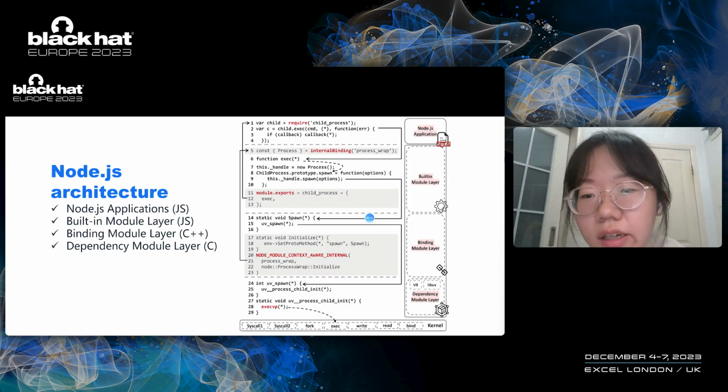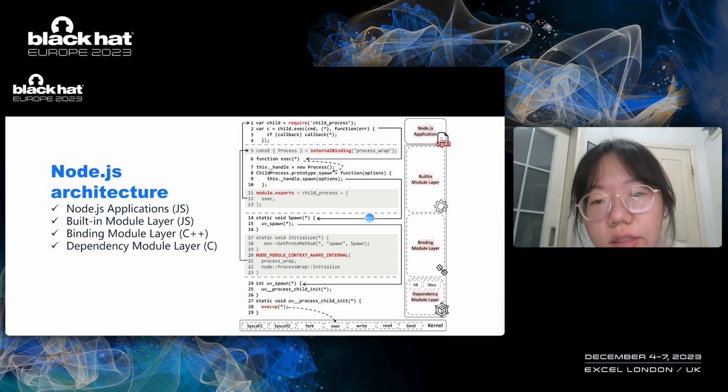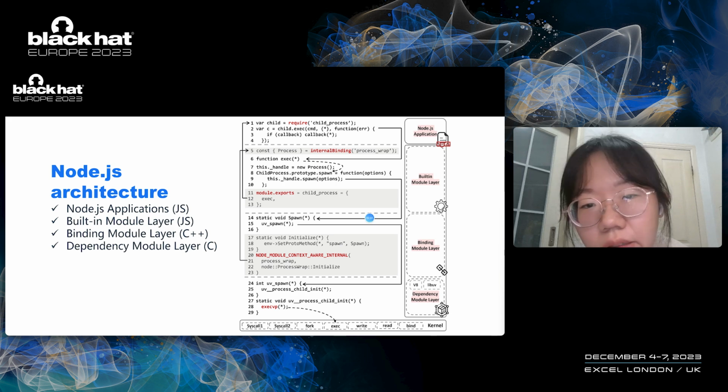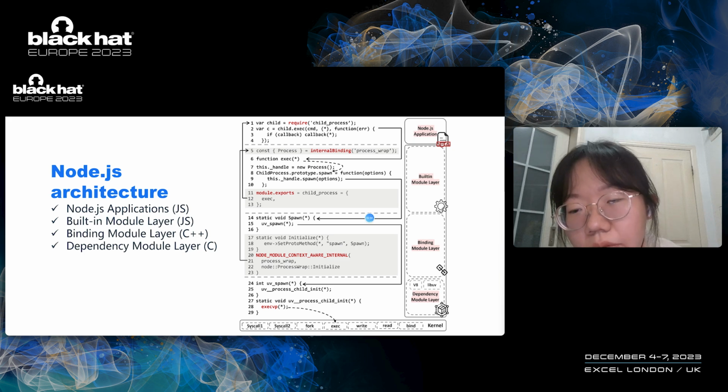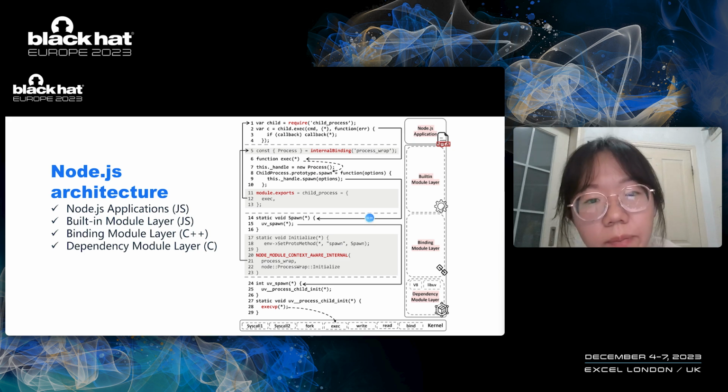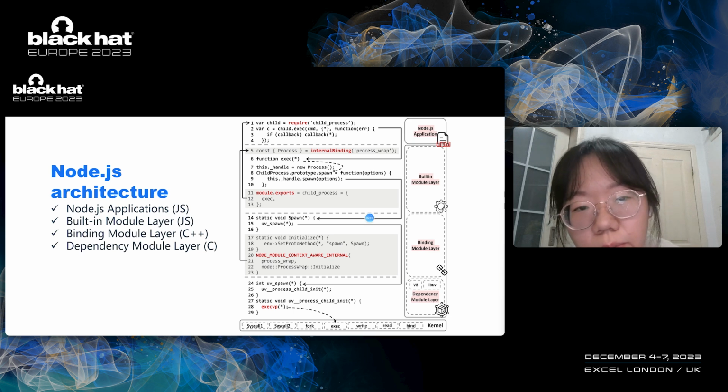Node.js architecture is composed of 4 layers: the Node.js application, the built-in module layer, the binding module layer, and the dependency module layer. At the forefront are Node.js applications, which are empowered to interact with the system kernel by using built-in modules.